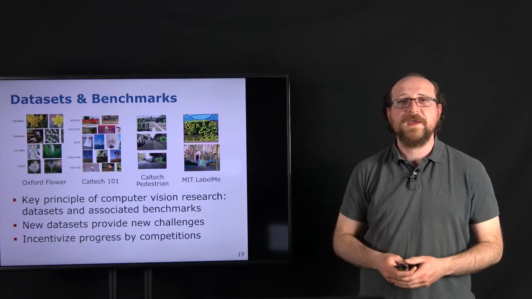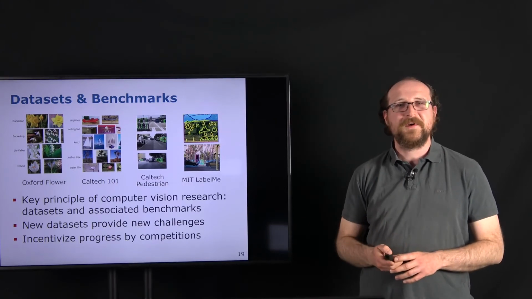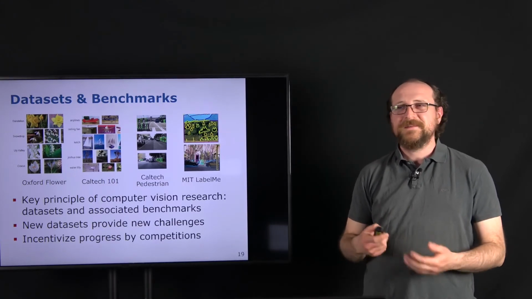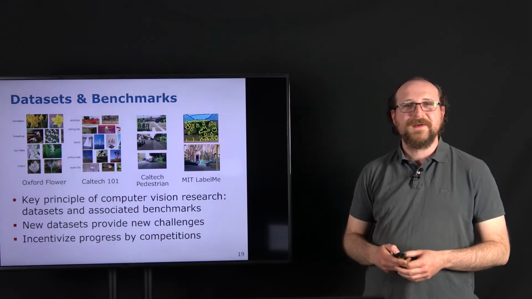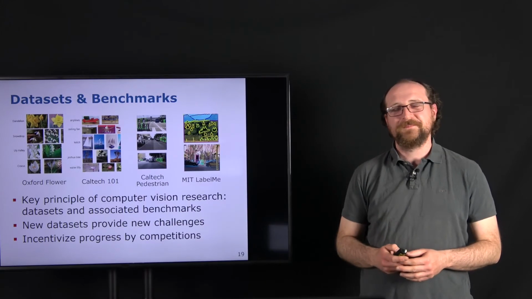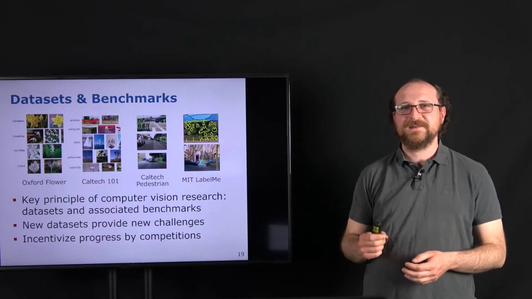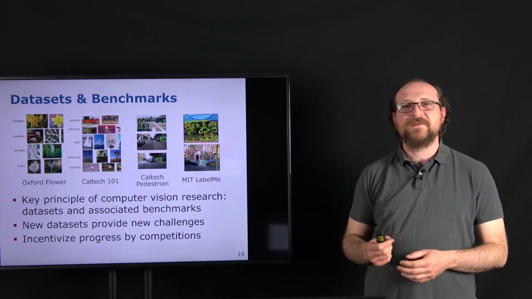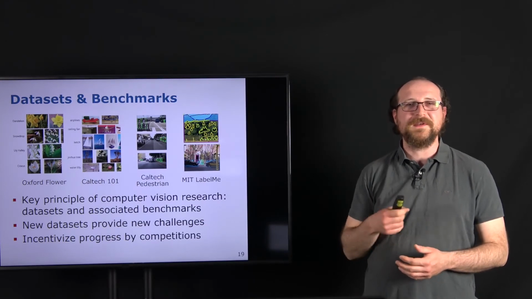And of course the fame of solving these competitions usually also gives you some credit in the end. So datasets and benchmarks are a key thing that drove a lot of the progress that we see in computer vision research.